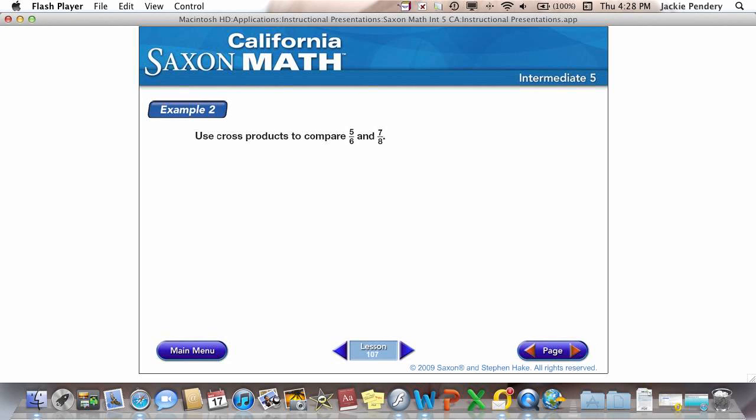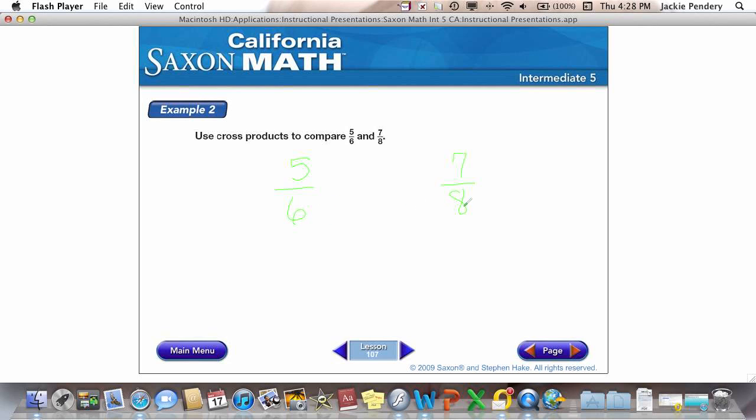All right. Example 2 is going to ask us to use cross products. So as you read, a cross product is basically when you take numbers like 5/6 and 7/8, and you multiply one fraction by the other fraction's denominator.